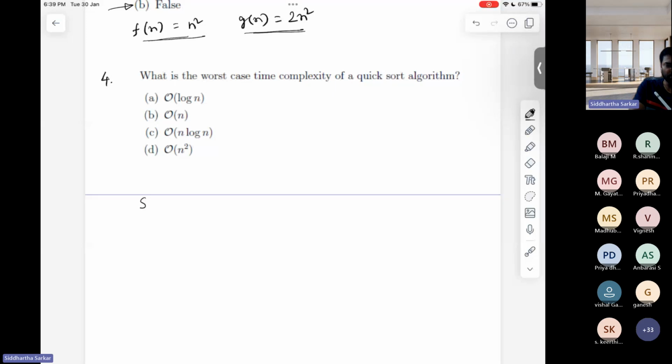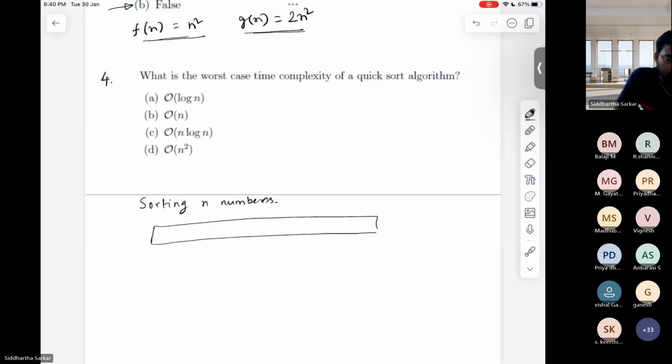So you are sorting n numbers. So what does quicksort do? You have n numbers, and these numbers are not sorted. We want to output the sorted sequence of numbers.